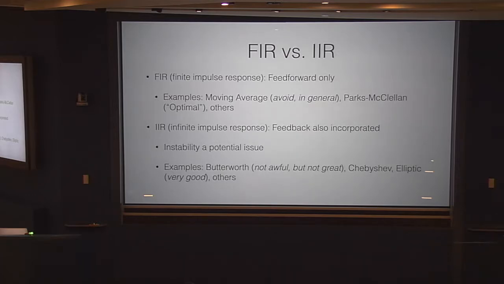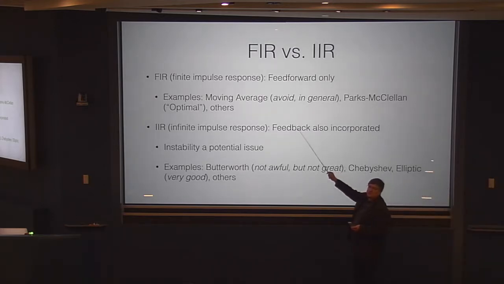Feed-forward versus feedback filters. FIR, which stands for finite impulse response, is feed-forward only. Examples are moving averages, like the 2-point moving average we saw. I'm assuming that many of the filters that researchers here apply come from a button that you press in a piece of software that says you want this kind of filter or that kind of filter.